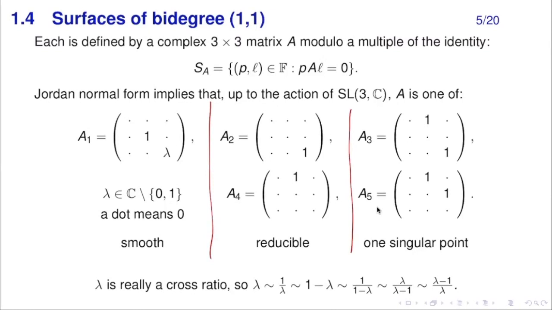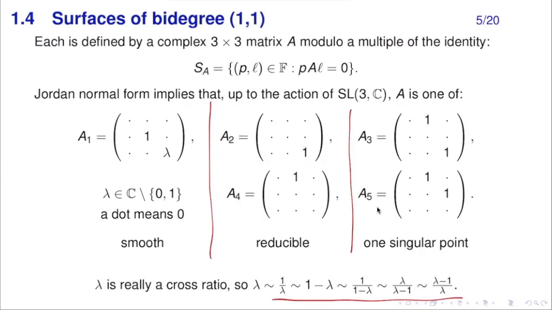That is to say that projectively speaking, when I say projectively, I just mean by conjugating the matrix by SL3C. So up to conjugation by SL3C, lambda can be changed to one of the other 5 versions of the cross ratio. So those values of lambda all correspond, projectively speaking, to the same surface.